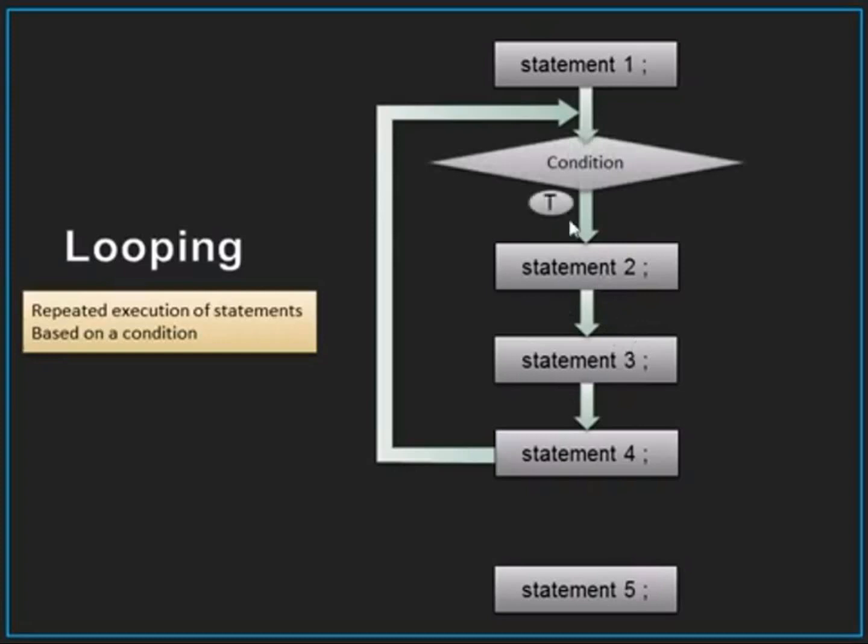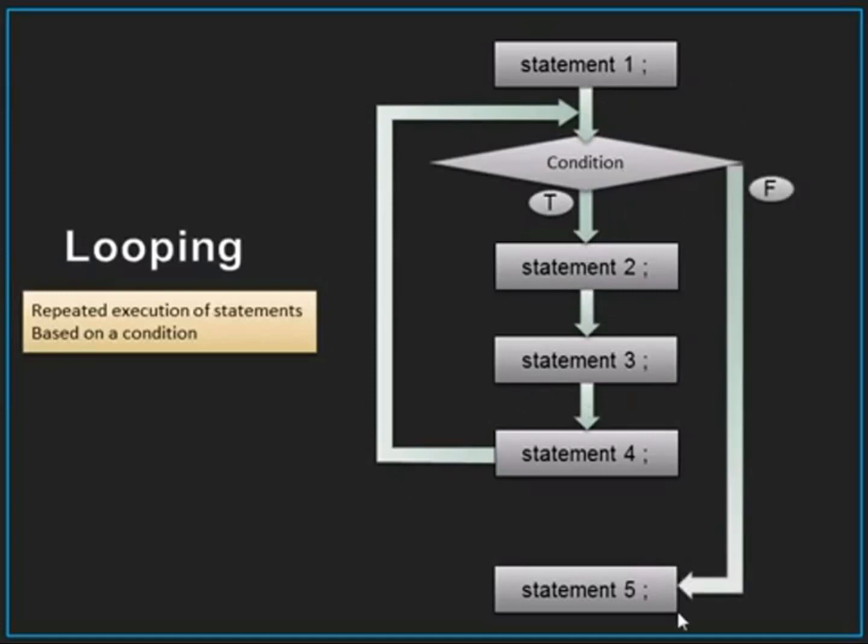Only if the condition is true, these statements will be executed again and again. There is a circle here. Look, the control goes back to the condition, checks if it's true, again executes and goes back again. But once the condition is false, you skip these statements and you jump out of the loop. You go to statement 5 directly.